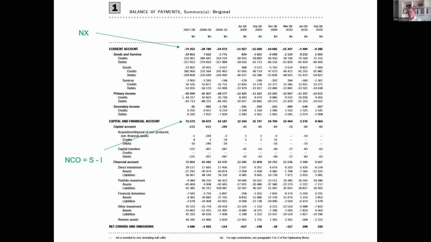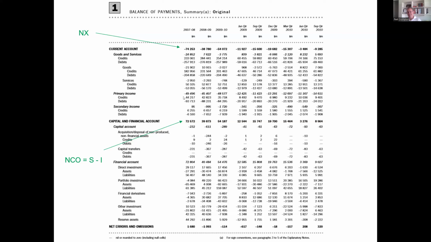It would take me 20 seconds to explain why this primary income balance fluctuates over time. It's basically because of changes in interest rates and changes in dividend payout ratios. What would be harder for me to do is explain to you why the goods and services balance changes over time. And ultimately, that's what we want to do.